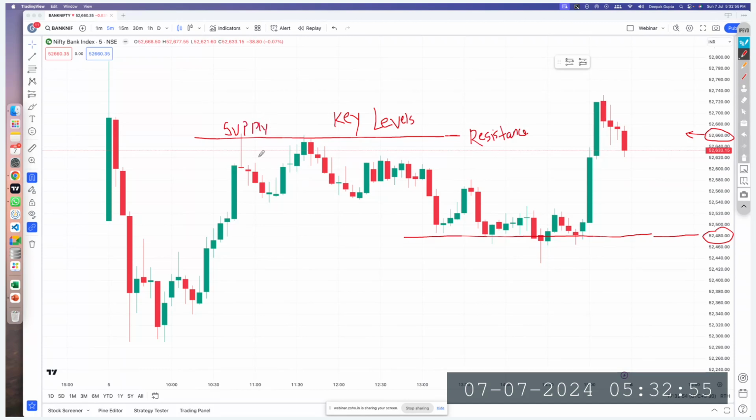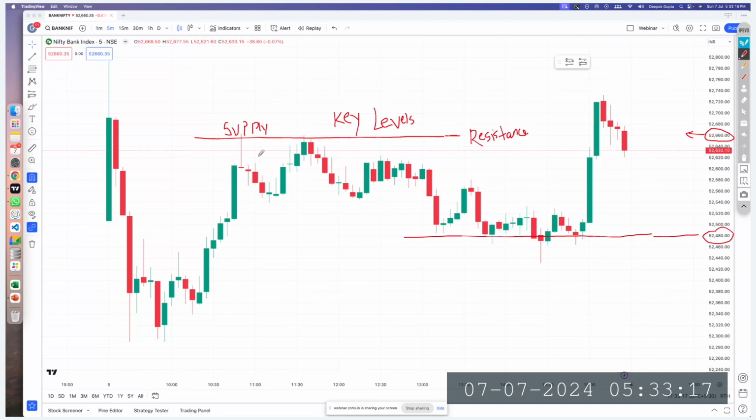Supply zone means people are ready to sell at this price level. So when supply is available in the market, rates always saturate or they go down. When there's a supply bigger than a demand, prices are not going to go up. Right? That's the normal demand and supply theory.